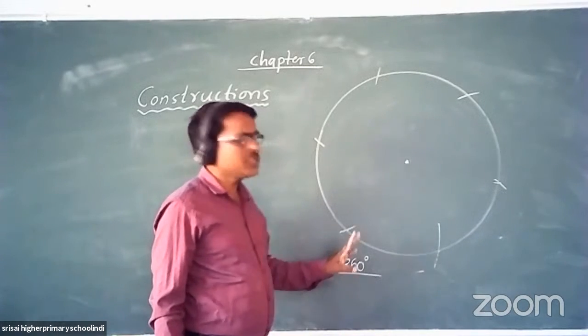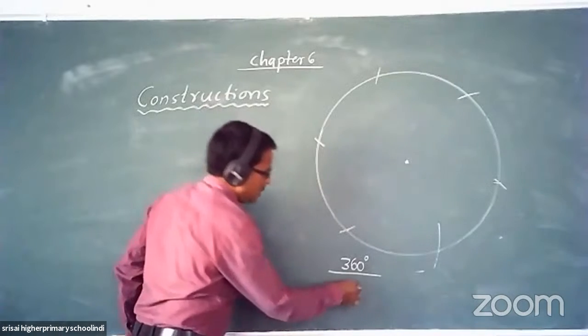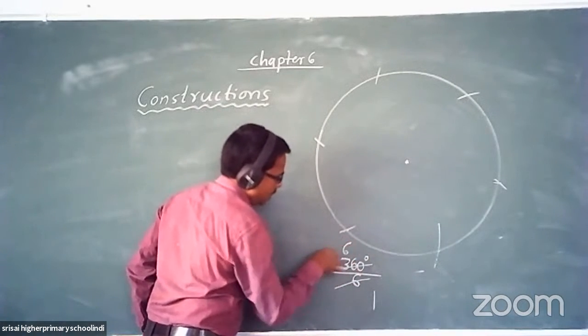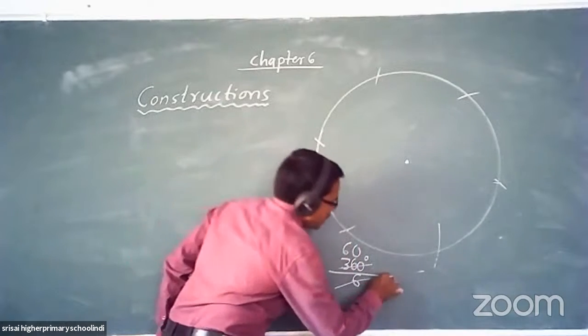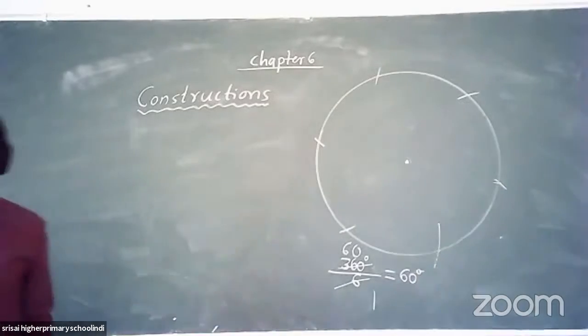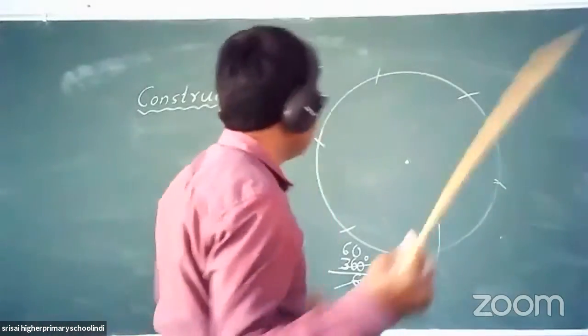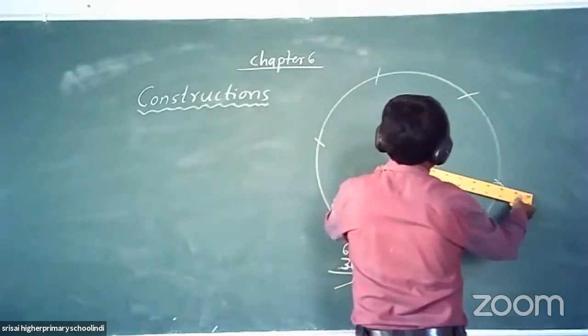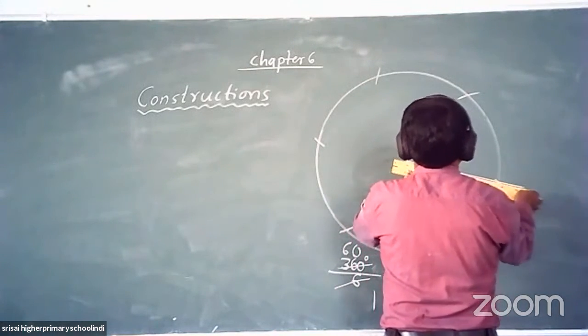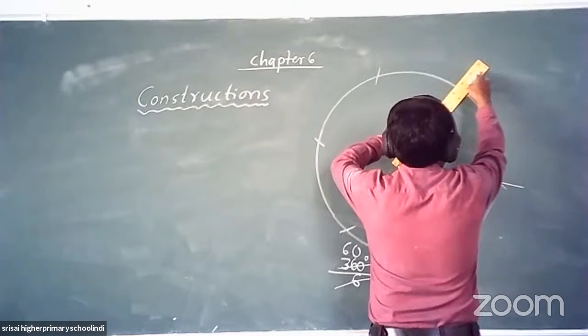We have made 6 divisions. I'll divide it by 6. 6 sixes are 36, so it became 60 degrees. It became 60 degrees. Correct? So now here, if you draw this much, it becomes a 60 degree angle.